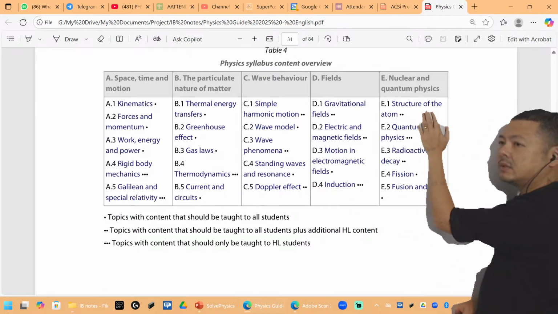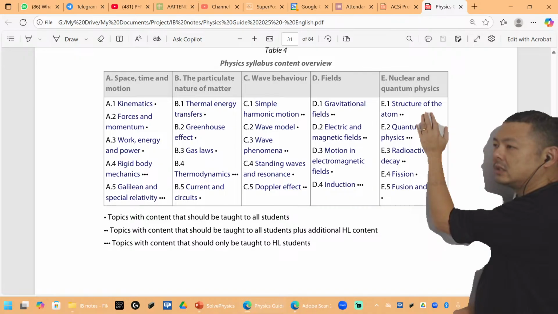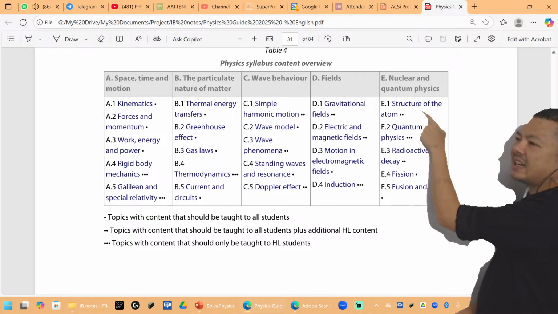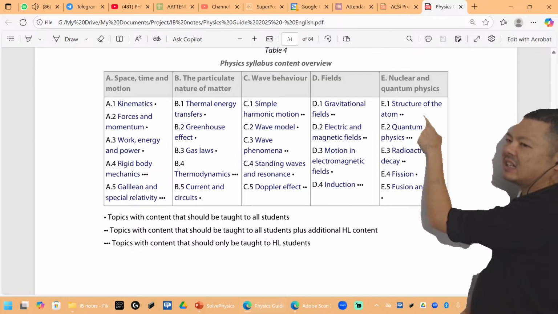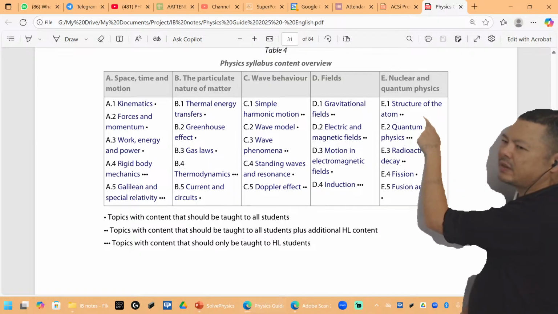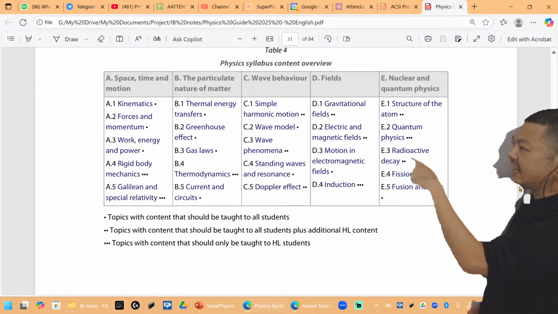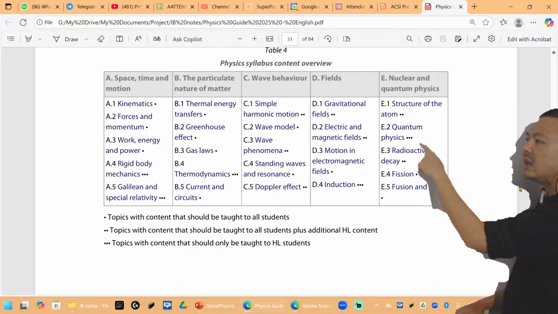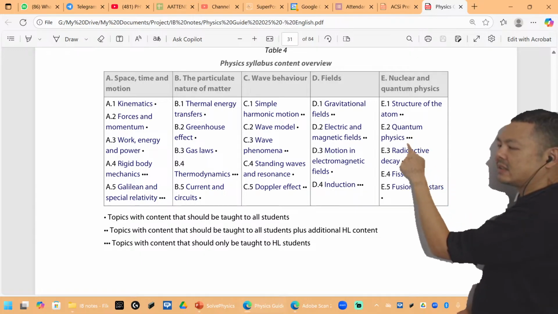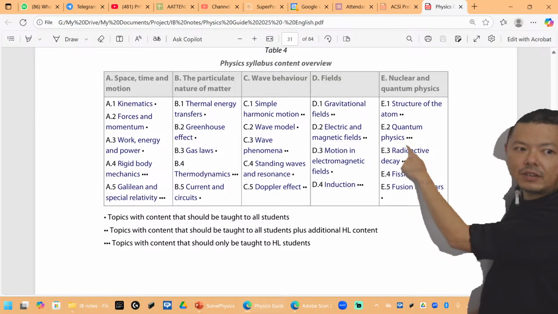Structure of the atom. If anything, it's the Rutherford deviation, the size of the nucleus and all that. But I think they also tested that already in CT, where they give you the graph. Quantum physics: photoelectric effect, Compton scattering.